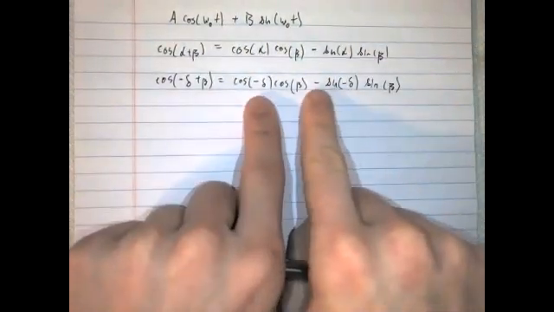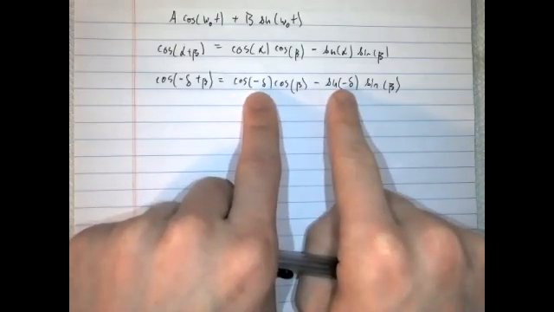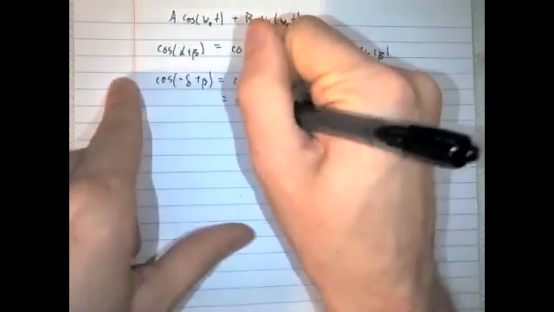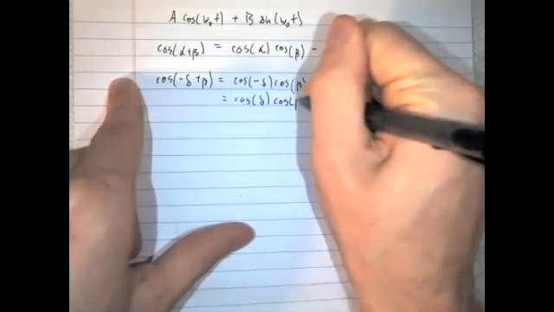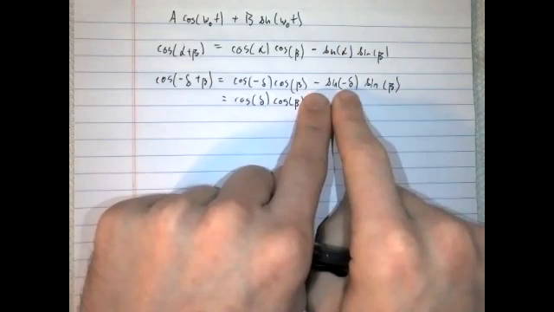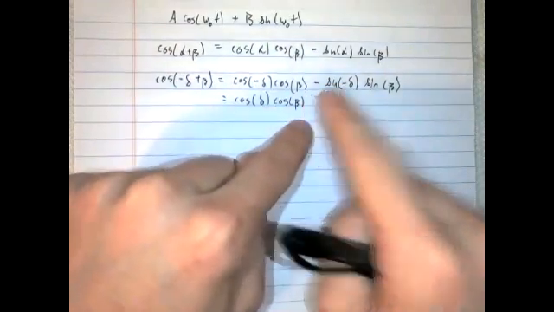But I can simplify these negatives, right? What's the cosine of a negative number? It's just cosine. Yeah, so this part is just equal to cosine of delta cosine of beta. What can I do with negatives and sines? Sine of negative would just be negative sine, so the negatives are going to cancel.